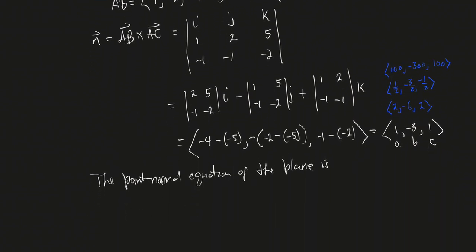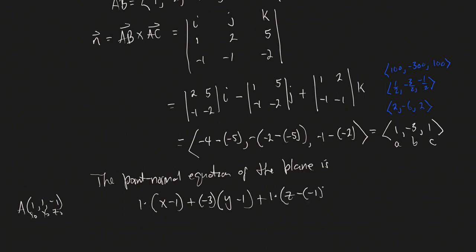So if we use A, 1, 1, -1, then this is now my x0, y0, z0. So it is 1 times the quantity x minus 1, and then plus -3 times the quantity y minus 1, plus 1 times the quantity z minus -1.